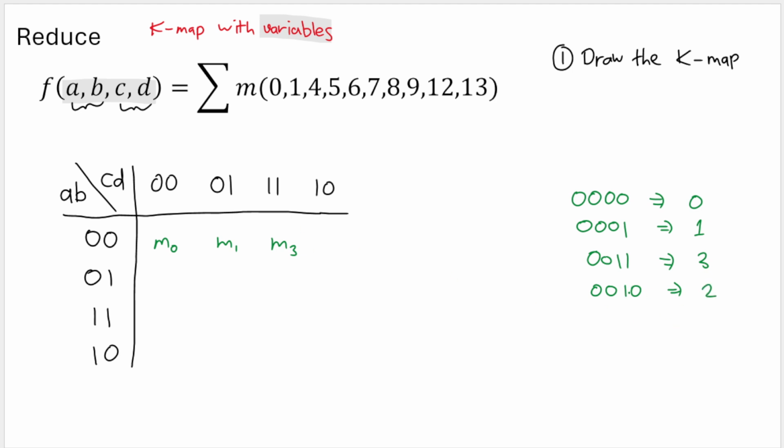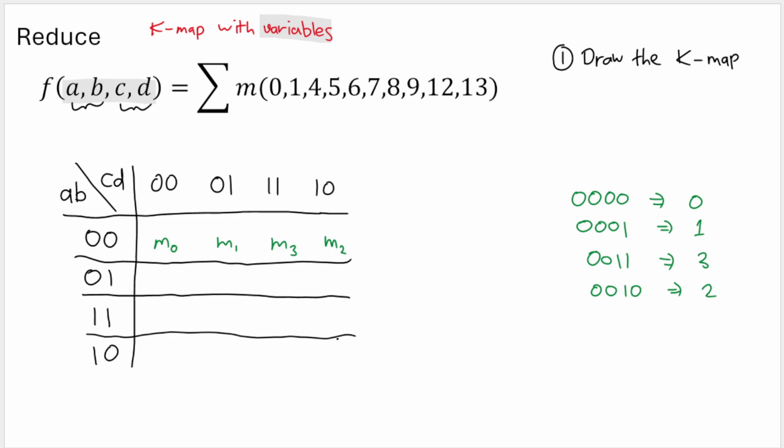Because this one is 2 in decimal. Maybe let's draw it in columns like this. Let's draw the separator between the rows here. And we can do all of that, right?